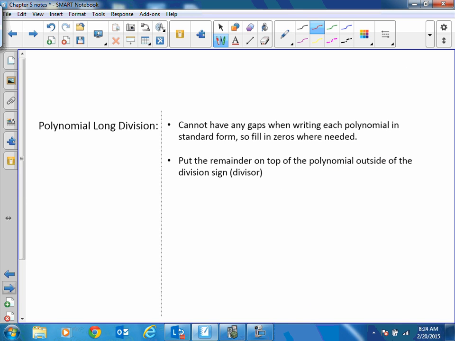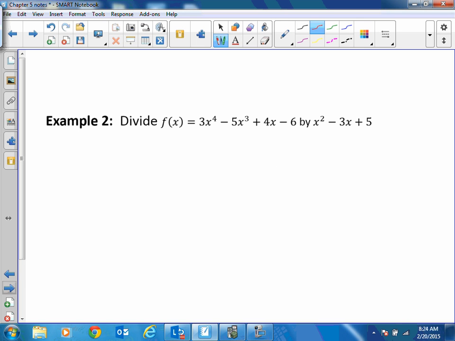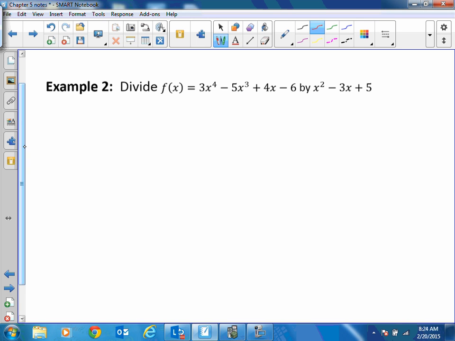Okay. So polynomial long division can't have any gaps when writing each polynomial in standard form, so fill in zeros when needed. Put the remainder over the divisor outside the division sign. Okay, so this is going to be a little bit difficult and take some practice. So basically what we do is write x squared minus 3x plus 5.